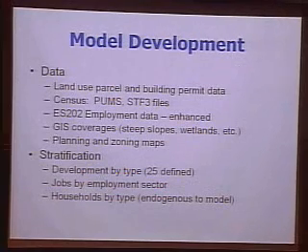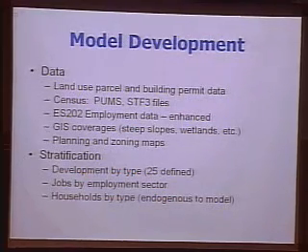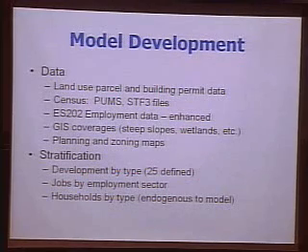In terms of implementation, in developing the model, there's a lot of data that needs to be gathered. Land use data came from the tax assessor's office, parcel data and building permit data. You have census data and census tape files. ES202 is employment security data, which will show you spatially how many employees are located at various employers throughout your region, although a lot of it is misleading.